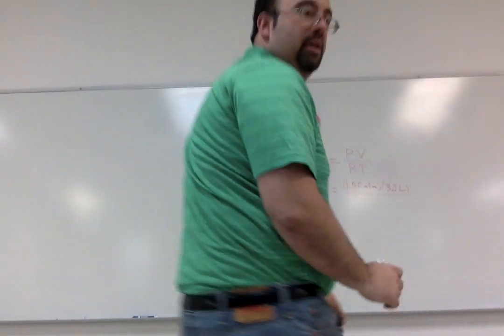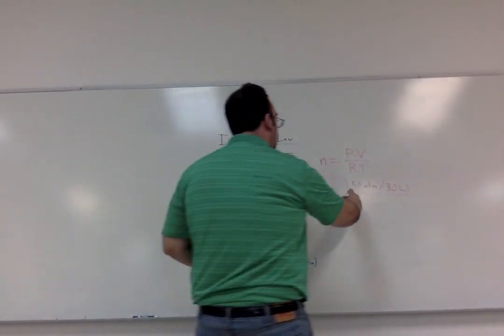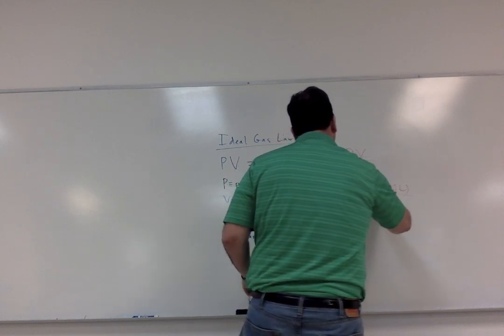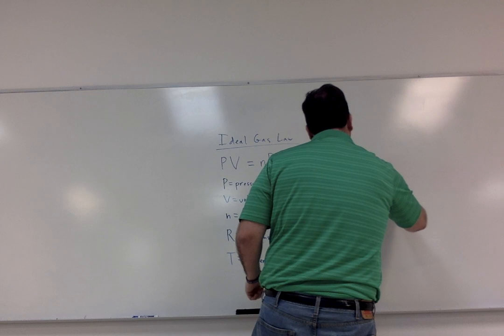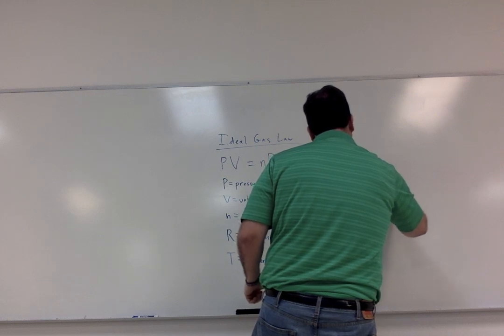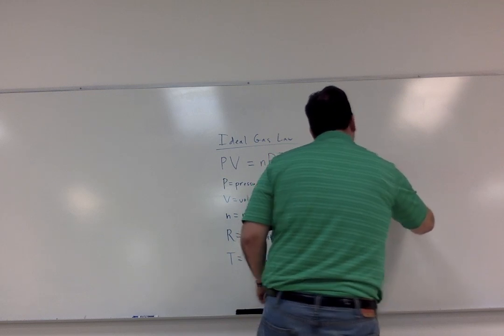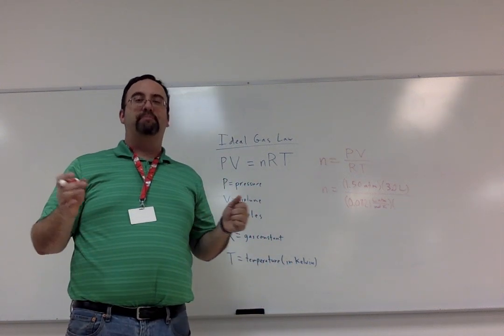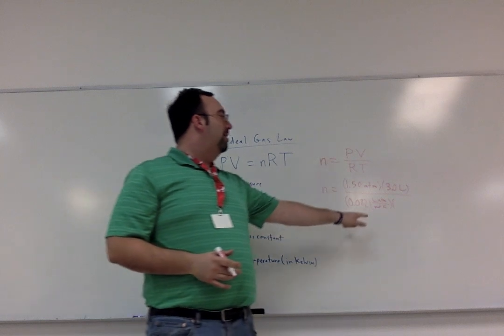And so we have 0.0821 liter atmospheres per mole K. I realize that this is kind of a funky unit, but in order for everything to balance out, we do have to have this unit.